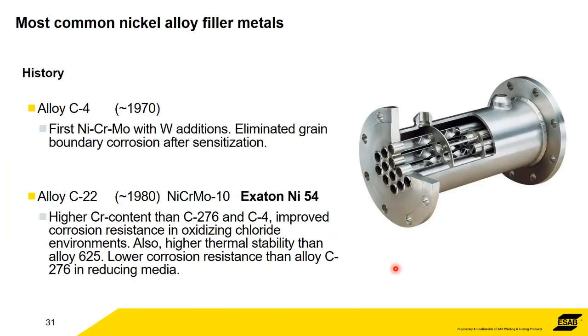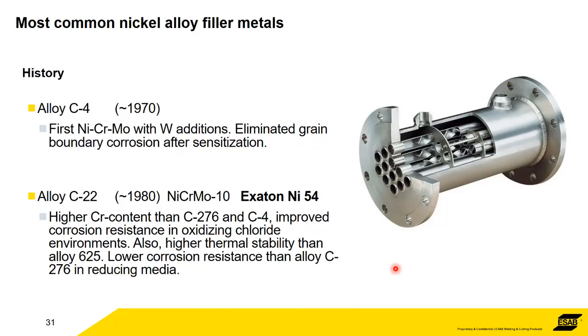A little bit later, we had an alloy called C4, and they had the bright idea to put tungsten into it to eliminate sensitization, so it was less susceptible to sensitization. C4 is really not so common these days. 1980, so it's in fairly recent history.